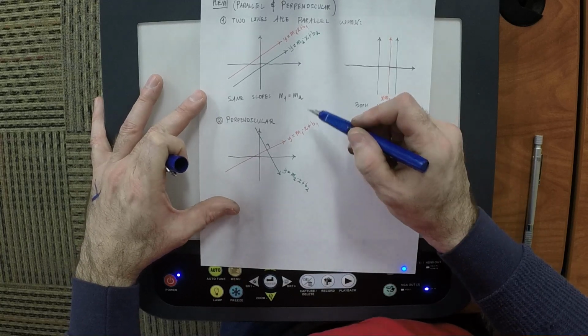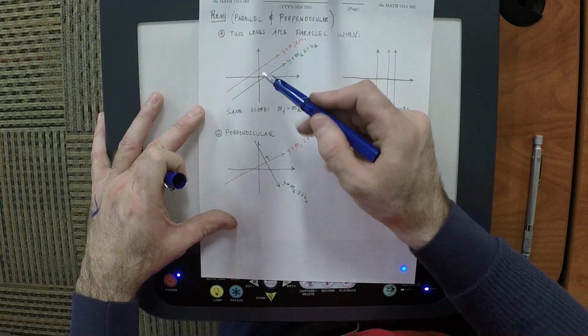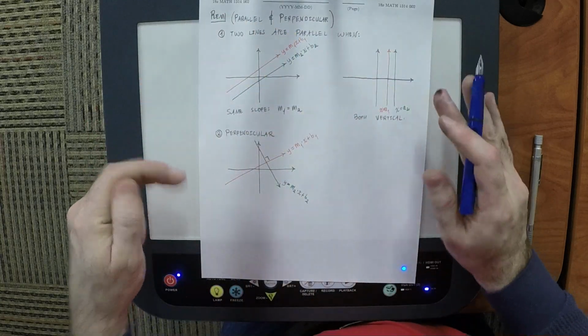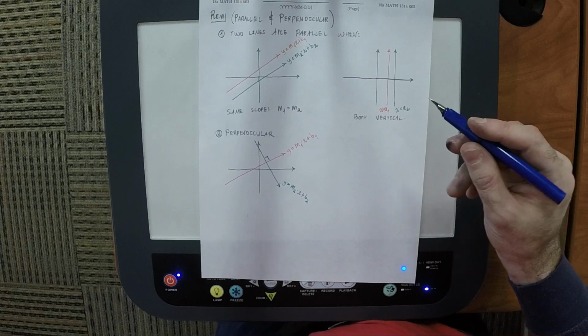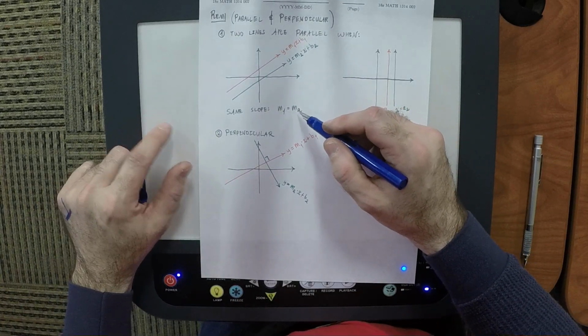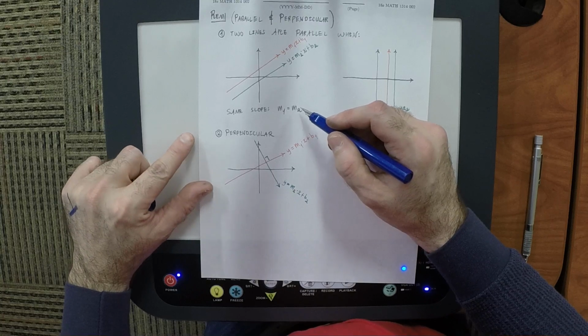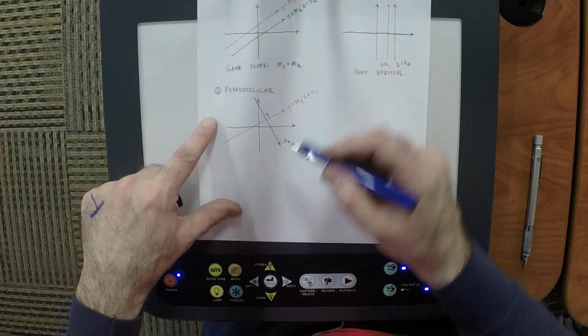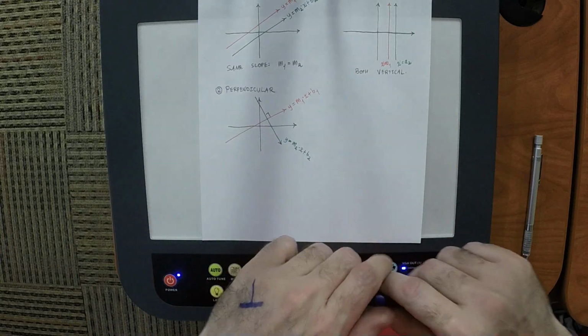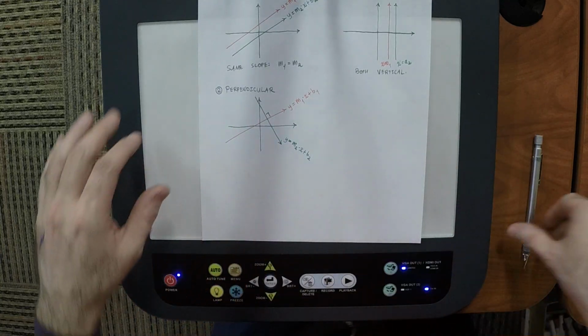So for parallel, that means the lines are either right on top of each other, or if they're not right on top of each other, then they're running side by side, and they're never going to touch. And algebraically, that means that the slopes must be the same. For parallel, what is the algebraic condition for perpendicular lines? What must be true? Okay, good.